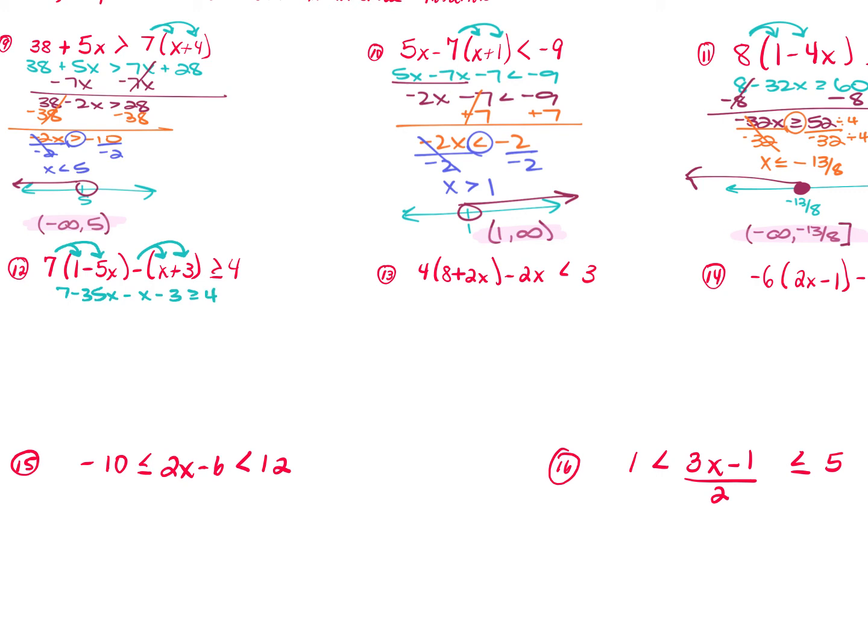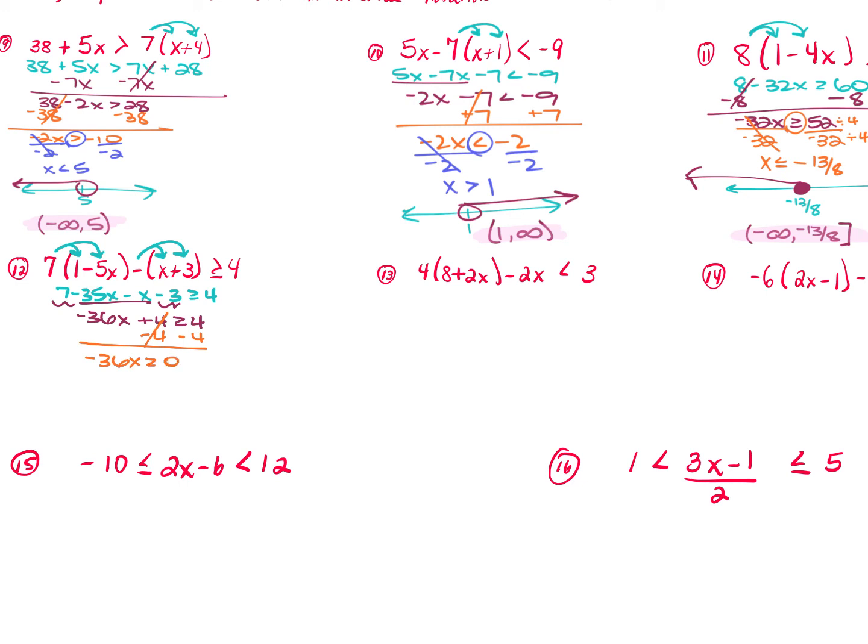You have like terms on the left side. Combine them. The negative 35x minus x is negative 36x, and the 7 minus the 3 gives us 4. If we move that 4 over, we're going to subtract it from each side. So that gives us negative 36x is greater than or equal to 0.